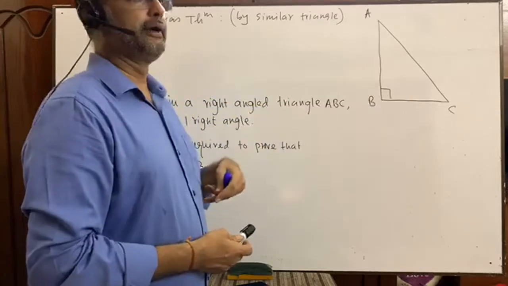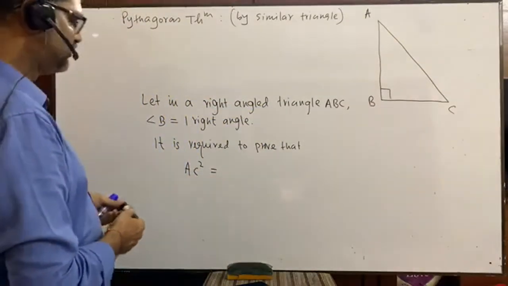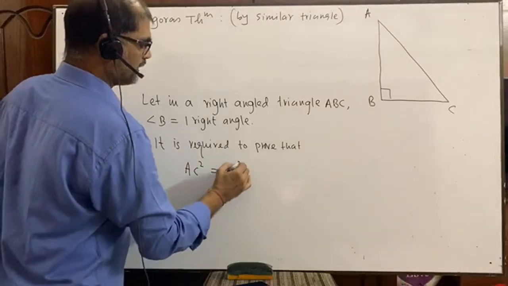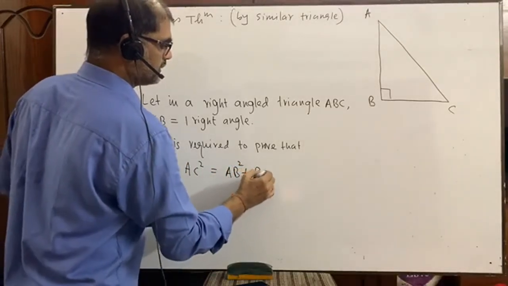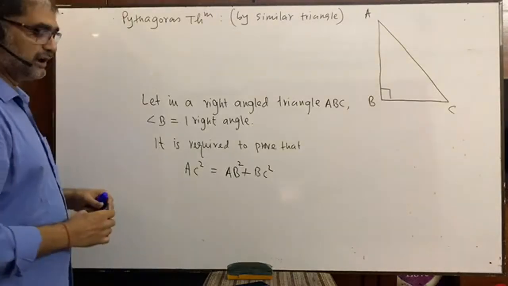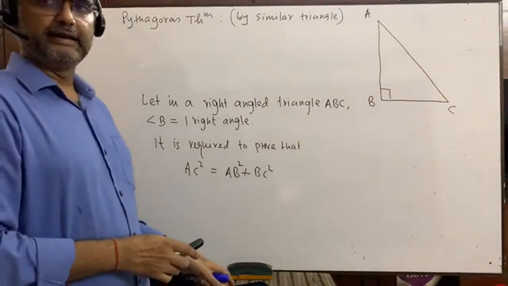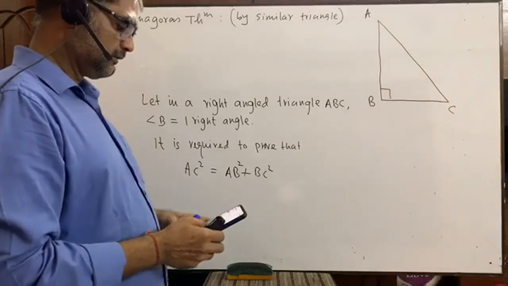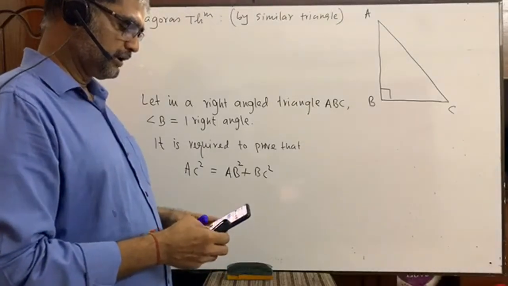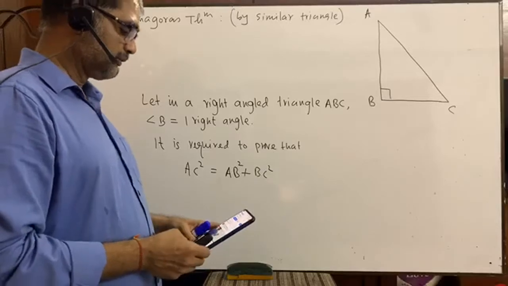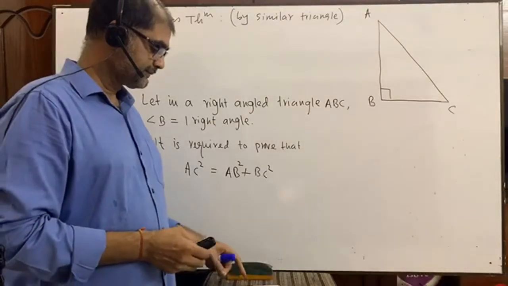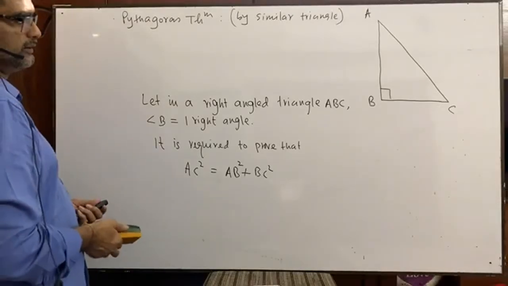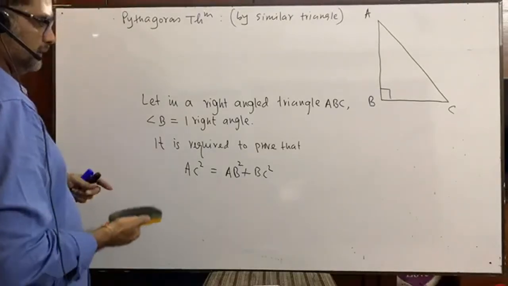So AC square is equal to AB square plus BC square. I will try my level best to make it very easy. In your book it is not written so clearly, so I am trying to make you understand. Have you copied it? Please copy it.